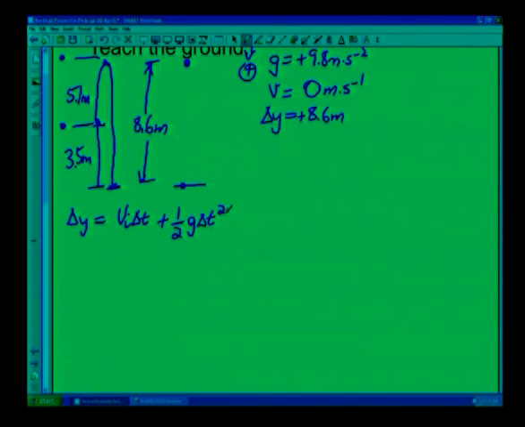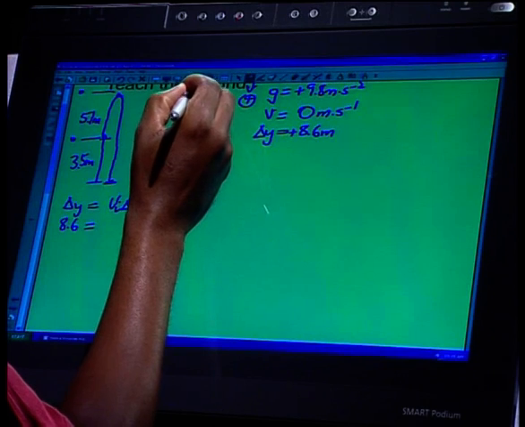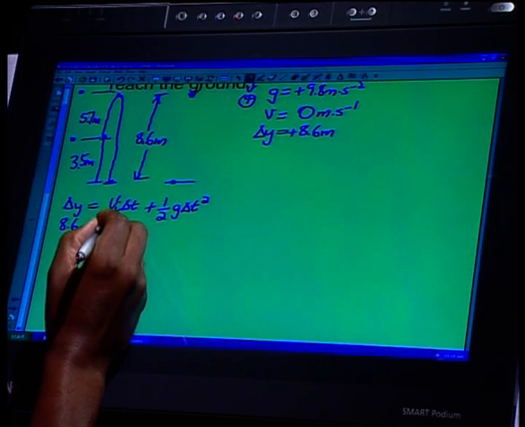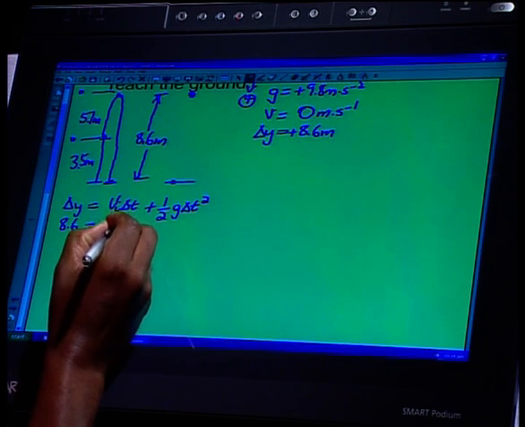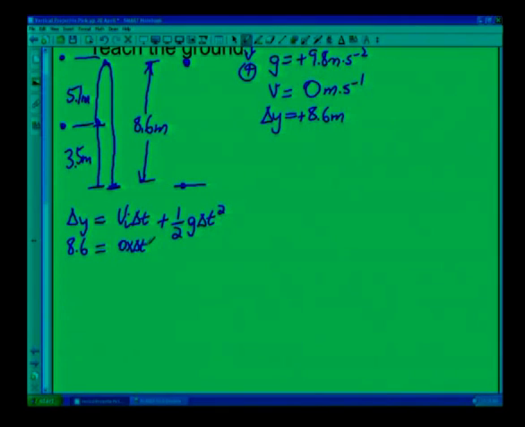And what is our delta y? Delta y is 8.6 equals initial velocity. The initial velocity at the top there, we know it was 0. So 0 times delta t is going to be 0, plus half g, and g is 9.8, times delta t squared.